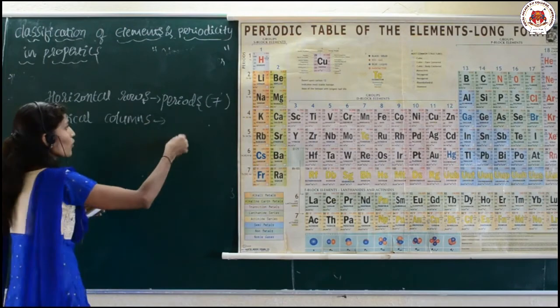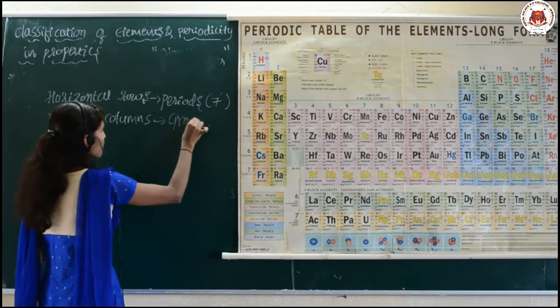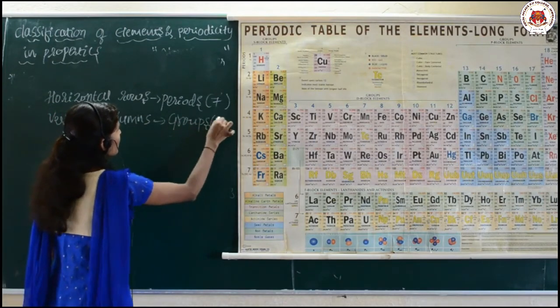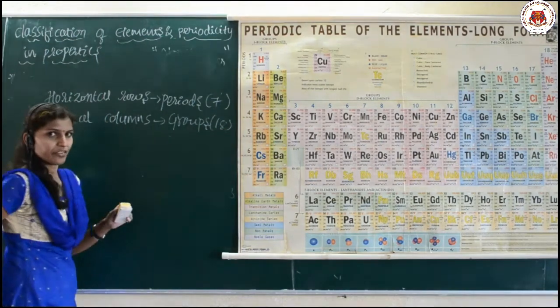These vertical columns are called groups. There are 18 groups present.